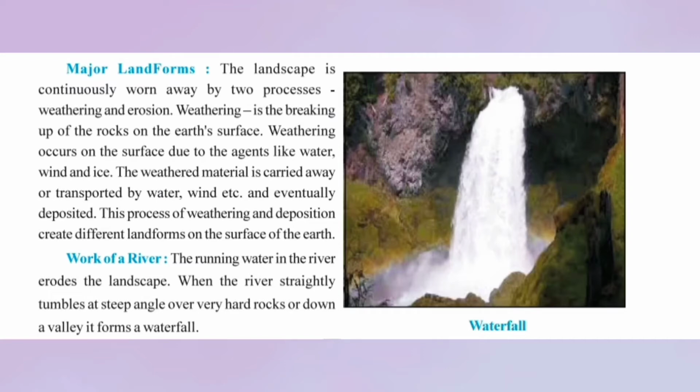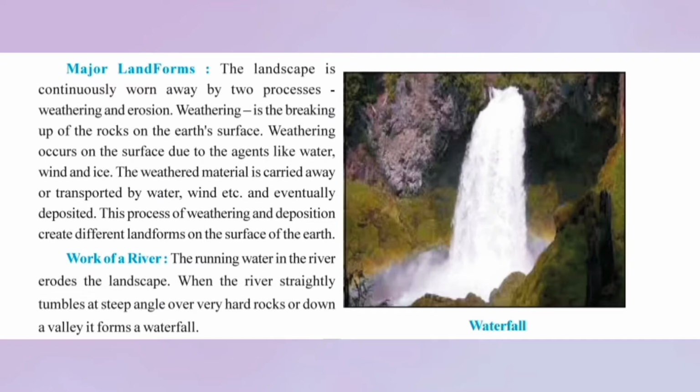Then comes erosion. Erosion is the wearing away of the landscape by different agents like water, wind, and ice. Water takes a lot of soil and deposits it from one place to another. Wind blows away all the sand from one place to another.